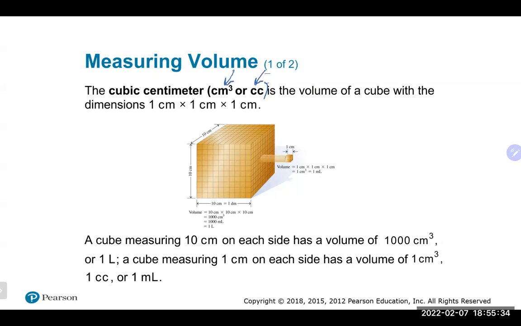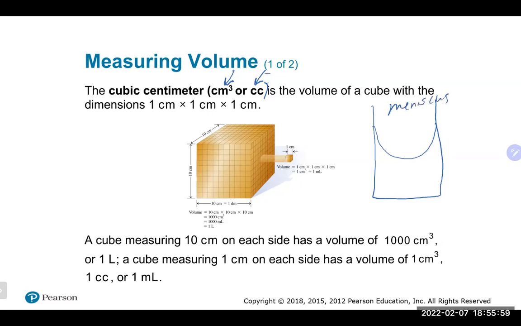For solids, a lot of times we measure the volume by taking length measurements. And then, as we talked about when taking measurements of a liquid in general, remember that whenever you're taking a measurement of a liquid, you always want to look for the curvature of the liquid, which is the meniscus.